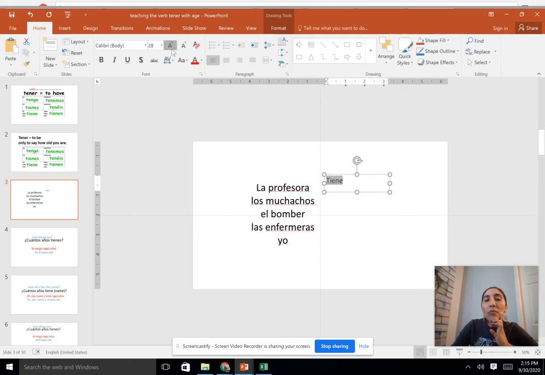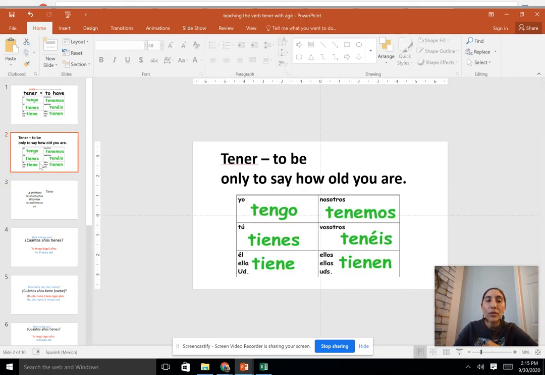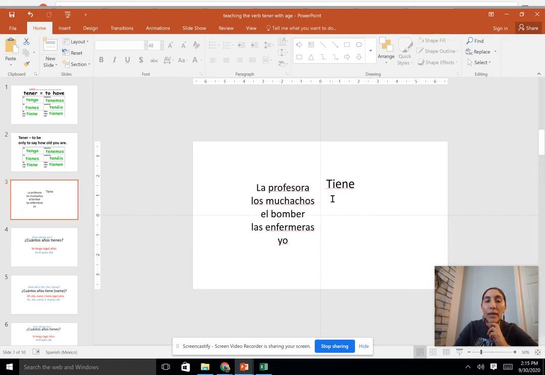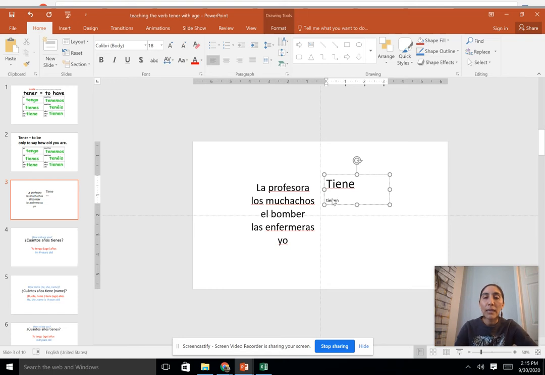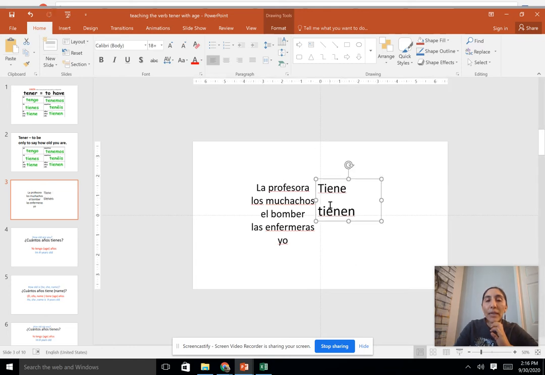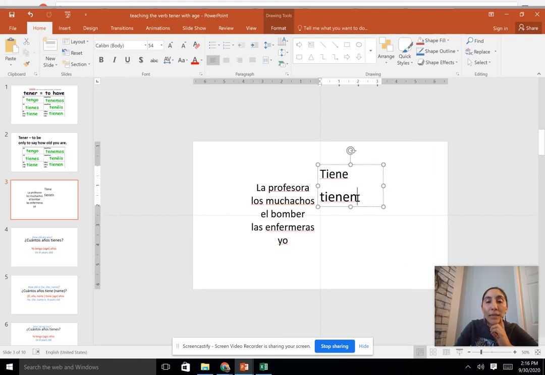Is that singular or plural? We notice that los muchachos is plural, so that means they, ellos. What version of tener do we use for ellos? Tienen. So la profesora tiene, and then we have los muchachos tienen.